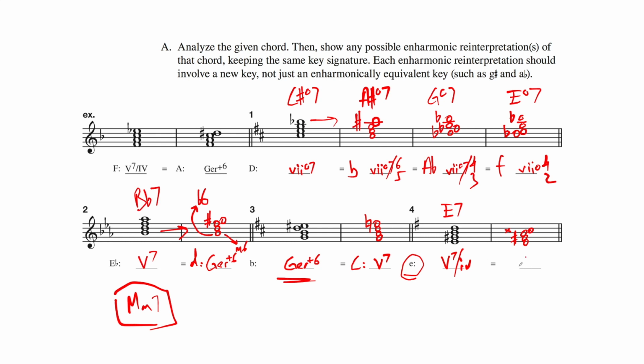And this is a German augmented 6th chord in G sharp, major or minor. Because we know that the root is flat 6 of 1 key. We can find it by going minor 6 down. We will find G sharp.